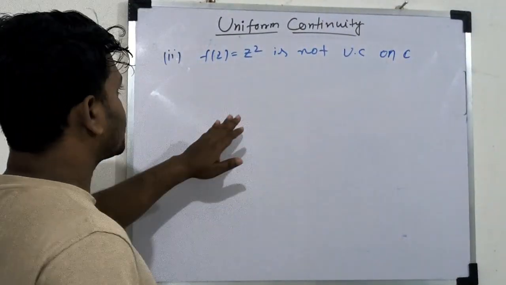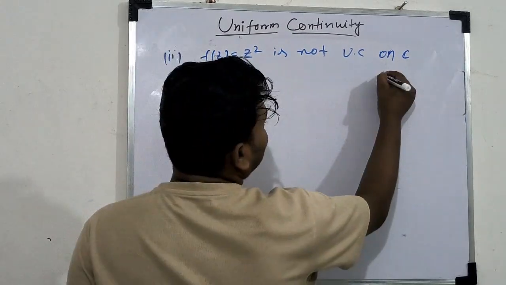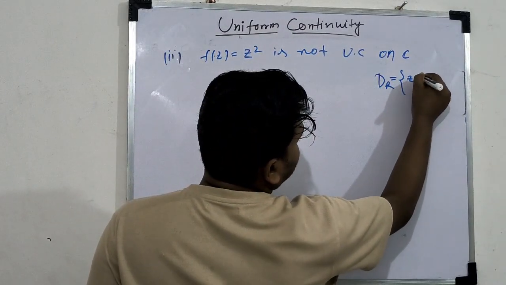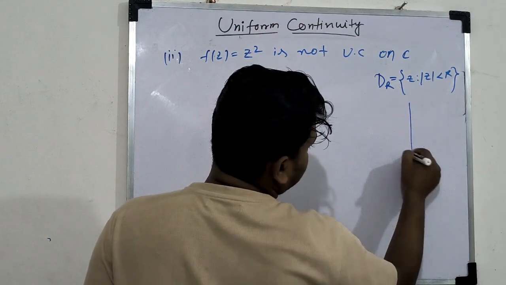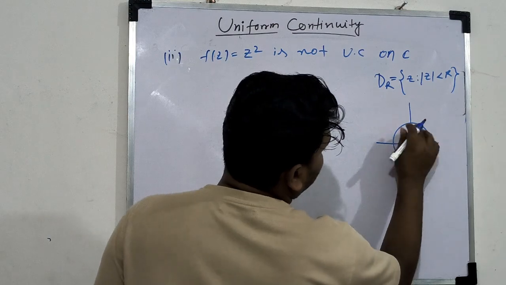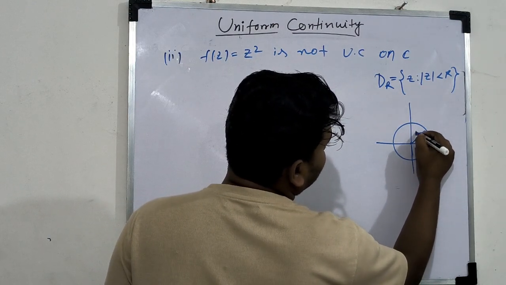Now we will show that f of z is not uniformly continuous on C. D_r was the set of z such that modulus z is less than r, the circular disk centered at 0 with radius r.